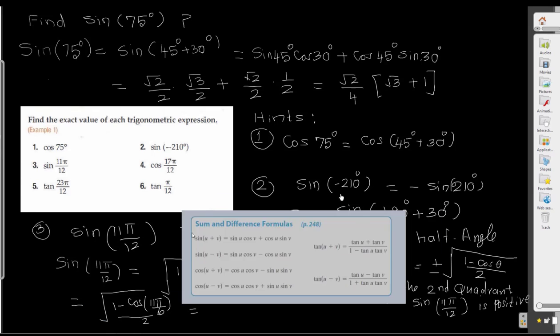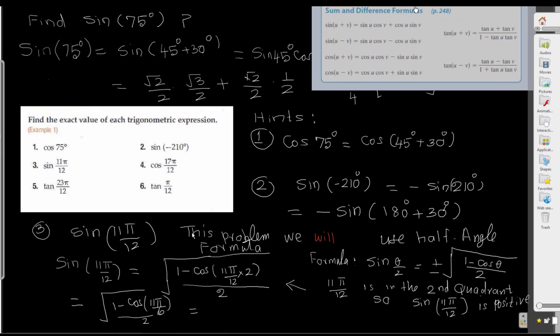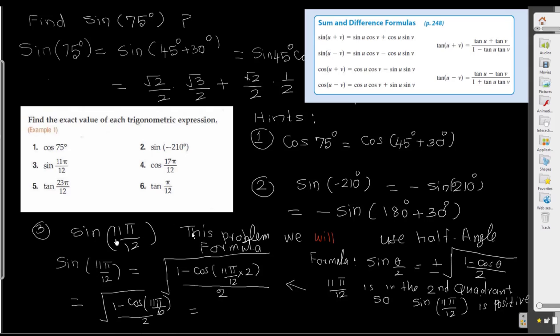Then after you get pi minus pi over 12, you can use sine, but it's pi minus pi over 12. That's going to be sine pi over 12. So that's one approach. Or I said double angle, that's another way.